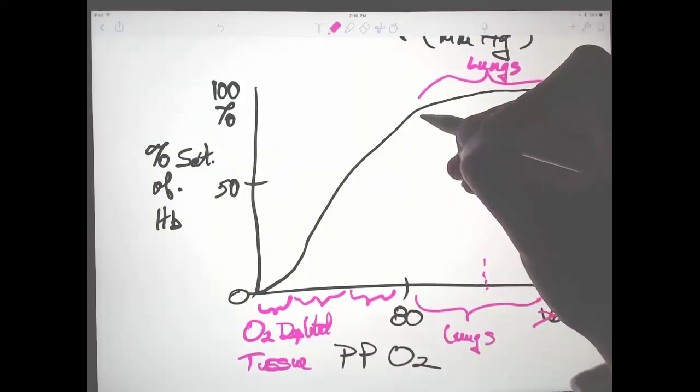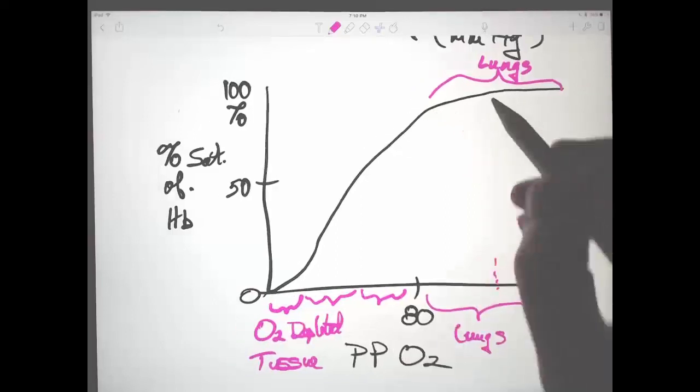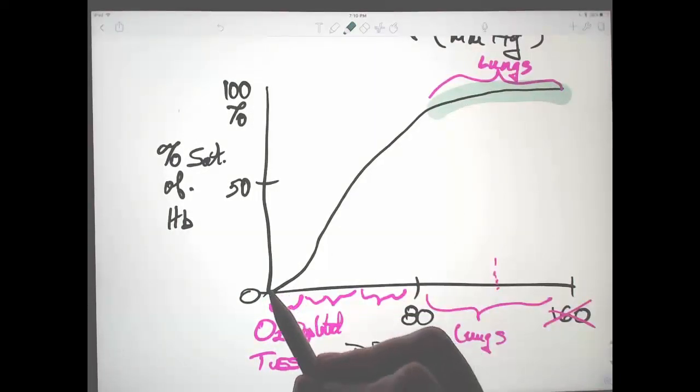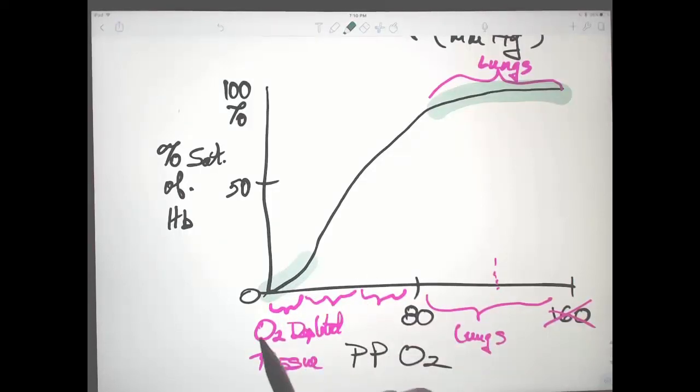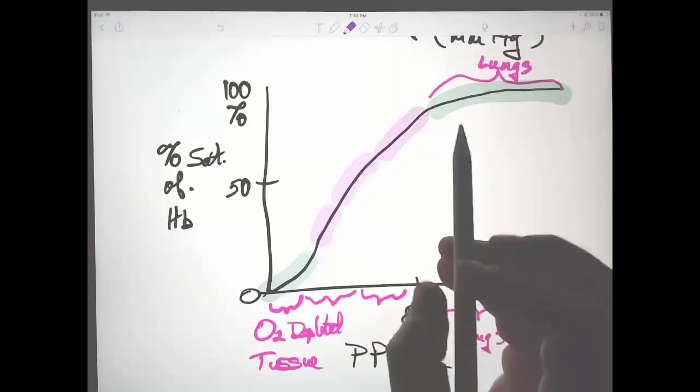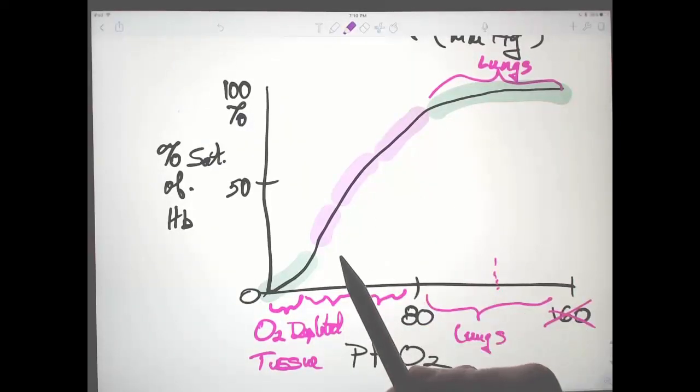So in the lungs, where we're absorbing oxygen, almost none is released. In severely oxygen-depleted tissues, almost all of it's released. So the place where you most need the oxygen, it's being released very easily until there's none left. In these intermediate areas, you get oxygen released in proportion to the extent to which the tissue is depleted.